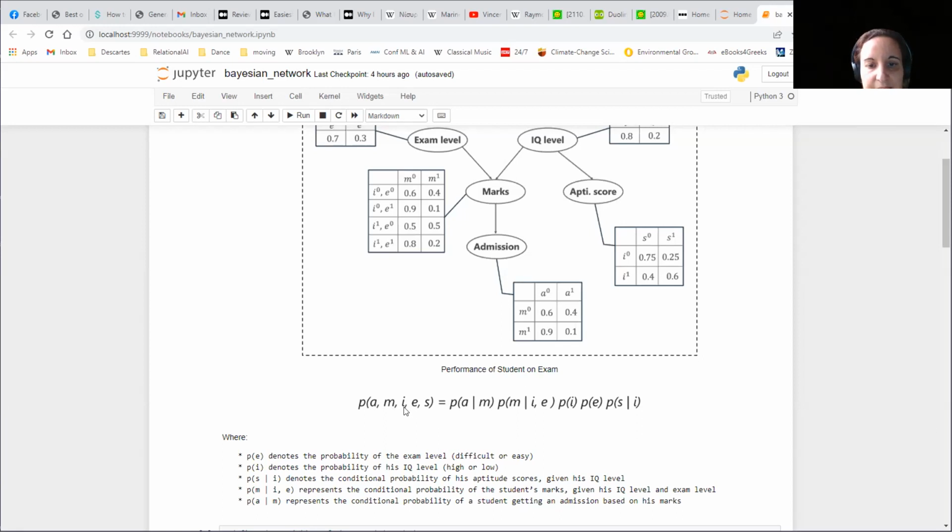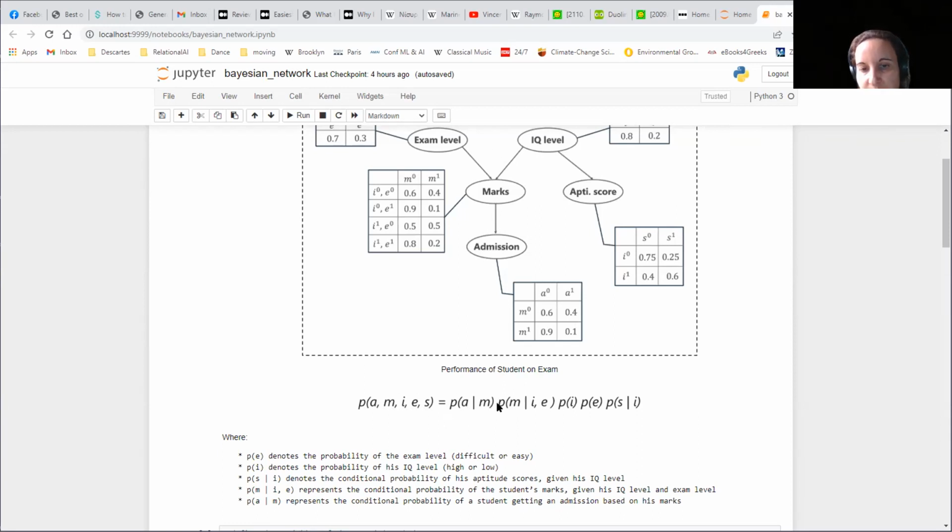I is the IQ level, E is the difficulty of the exam, and S is the aptitude score of the student. So based on the graph, we know that A depends on the marks.